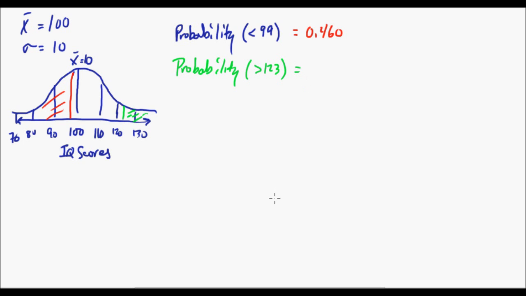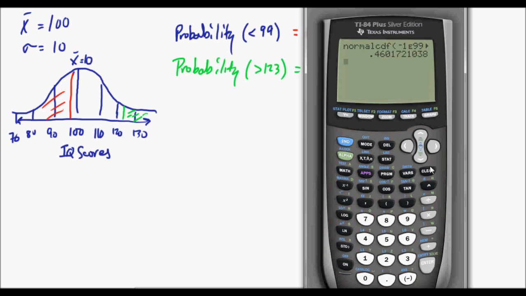Again, you would go to normal CDF, and I always clear this because sometimes it gets funky like on that last one. So do second distribution normal CDF, and this time they give you the lower bound, so it's going to be 123 here, and then you got to enter something really high. So I just do 1 second E 99.